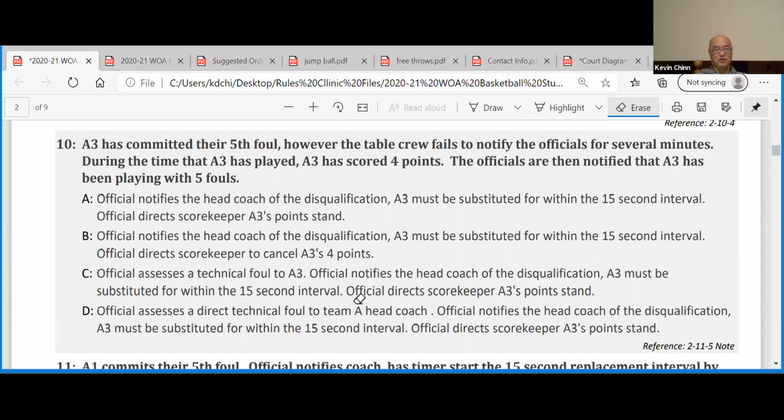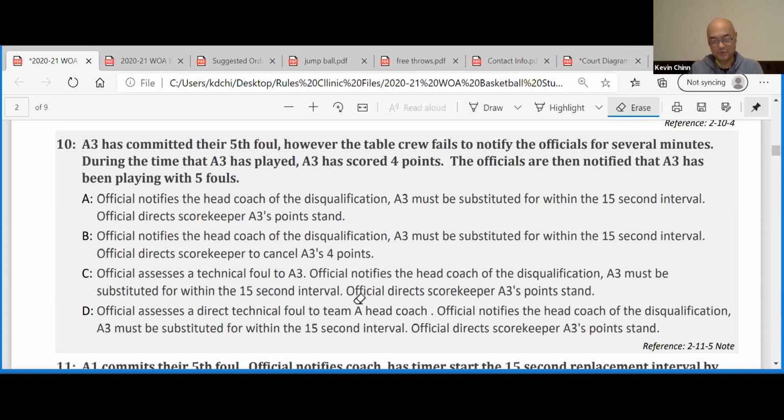Okay, so if you have a player in the game that has fouled out because the scorer makes a mistake, and then they catch it later and he scored points, we just let it stand. You notify the coach, sorry, scorer made a mistake. So-and-so is fouled out. It's on his 5th foul.